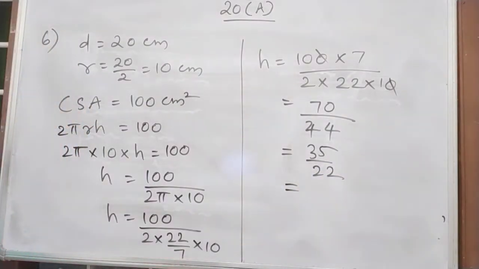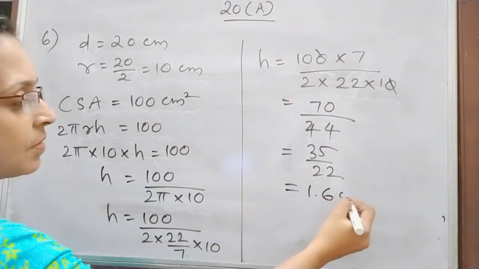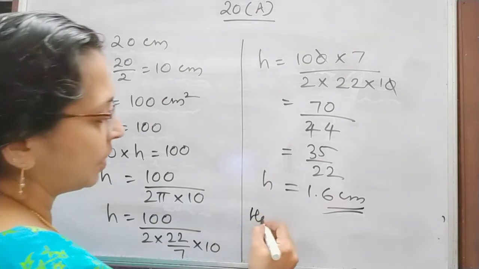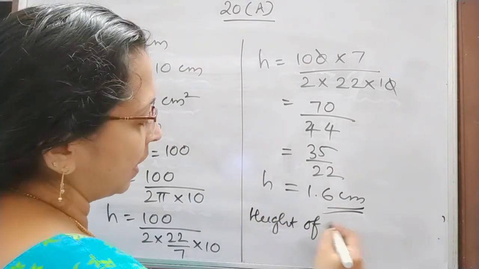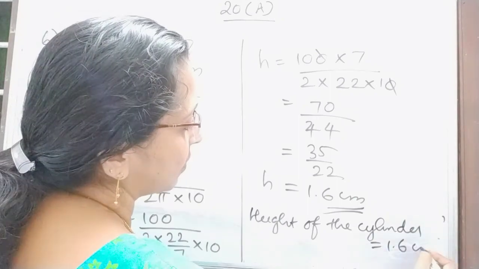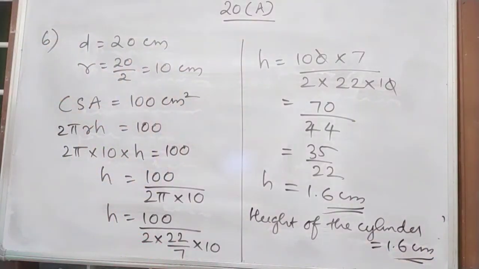So write it in decimal form. It will be 1.6 centimeter. So therefore, the height of the cylinder is equal to 1.6 centimeter. The height of the cylinder is 1.6 centimeter.